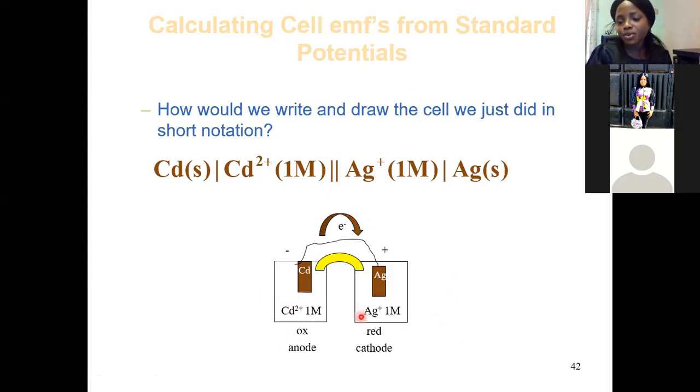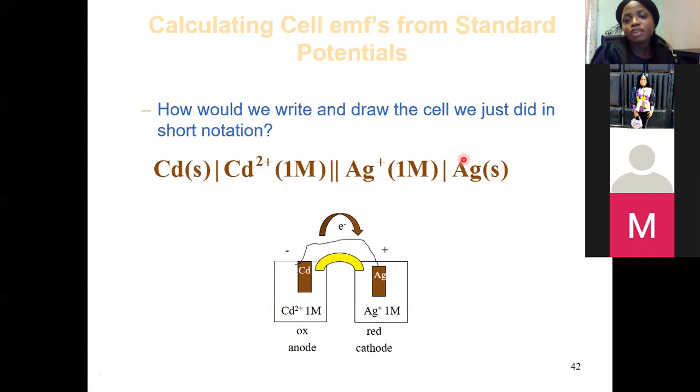If you're asked to write cell notation, this is what they mean. When you have been given the oxidation and the reduction reaction, you should be able to allocate which is going to the anode and which is going to the cathode. Like I said, oxidation takes place at the anode. So the moment you see it, the oxidation reaction comes first.